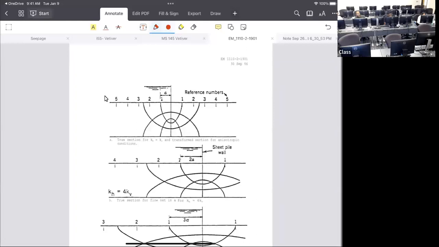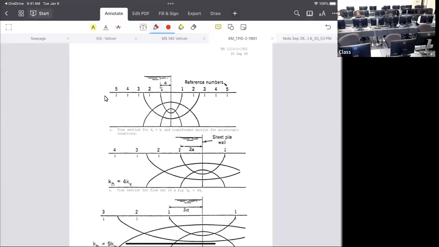Any idea? Square root of kH over kV. The equivalent k is the square root of kH times kV, right?